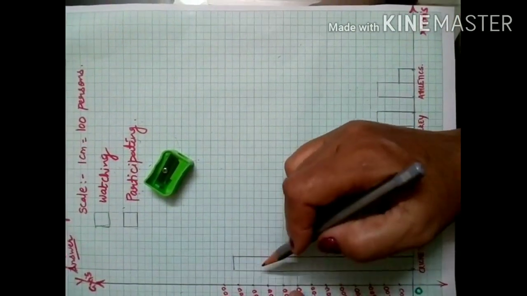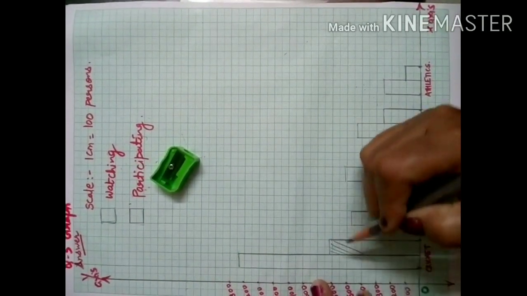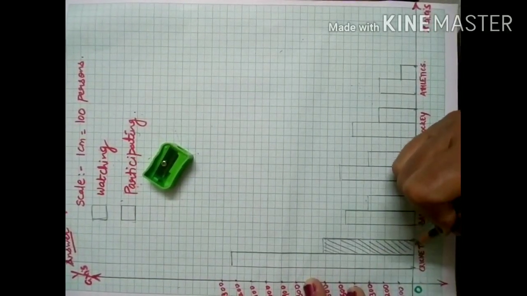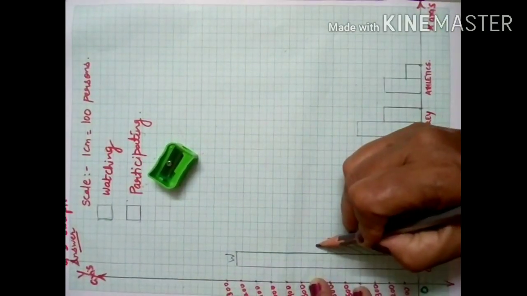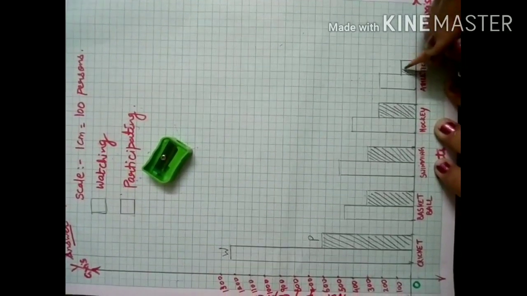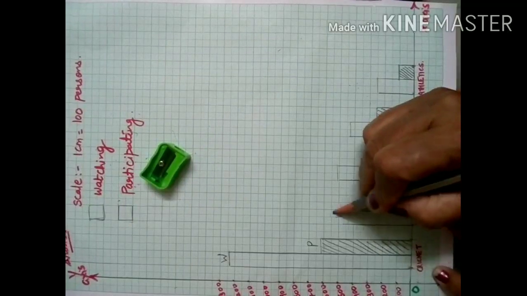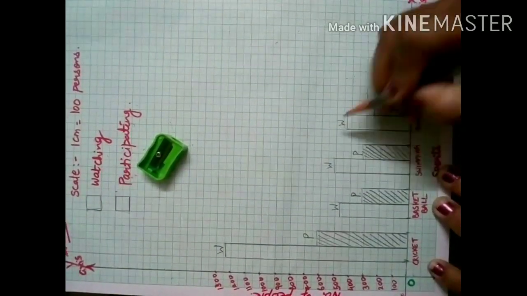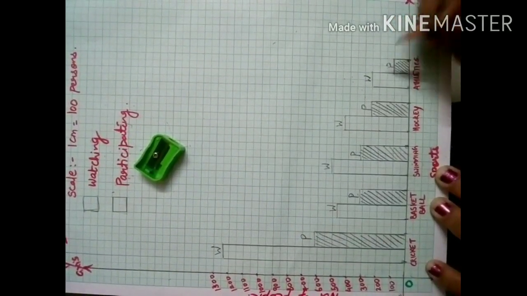Now to differentiate the two bars, we will shade the second one, and we will write W for watching for the first bar graph, and P for participating for the second bar graph.